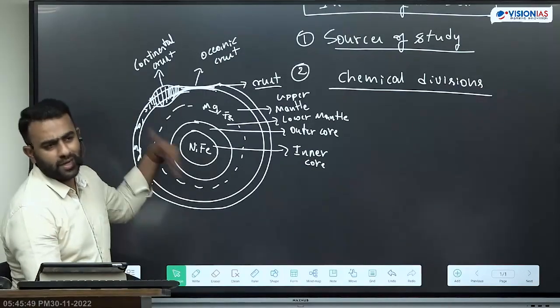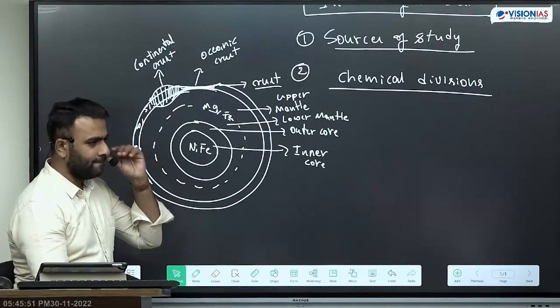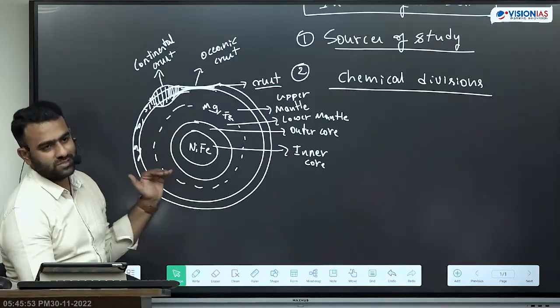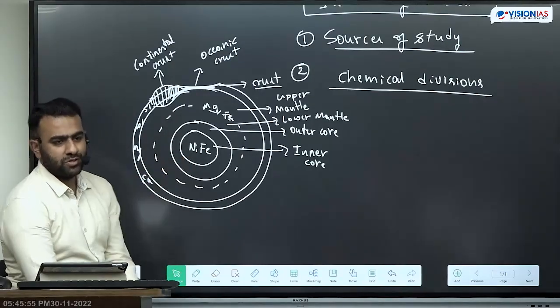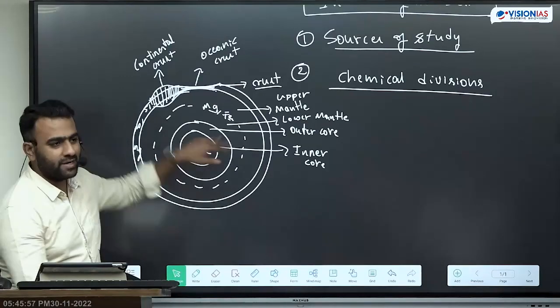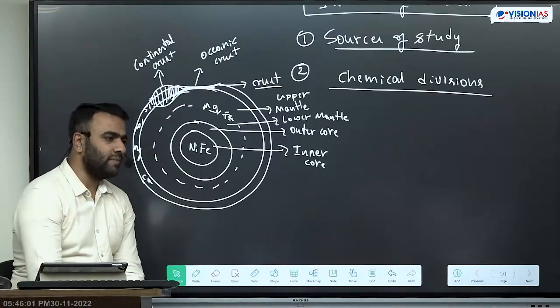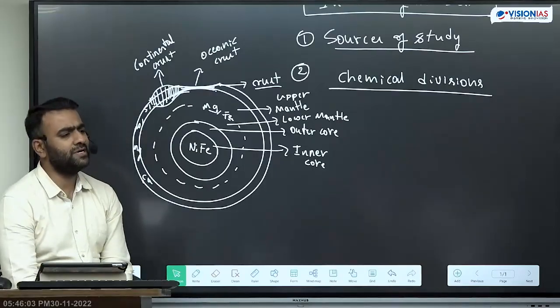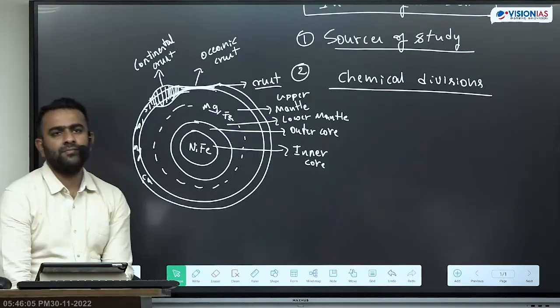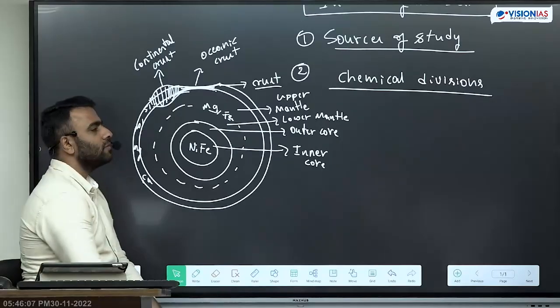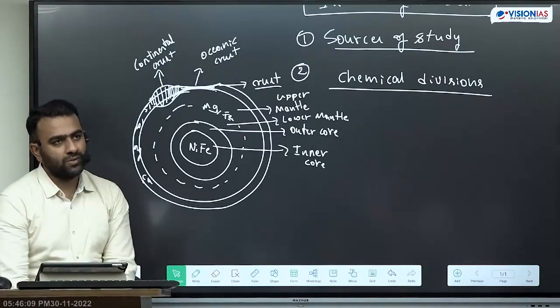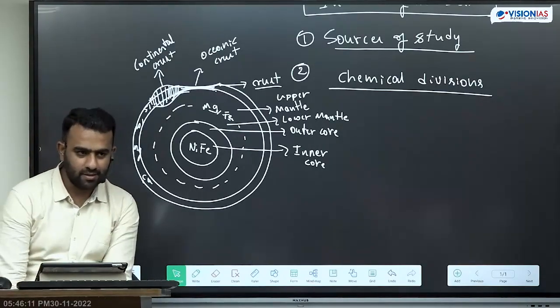They are not too light, not too heavy. We have a lesser proportion of silica and a lesser proportion of iron. However, iron and magnesium are more compared to the crust, but lesser compared to the core. That intermediate zone is called the mantle.